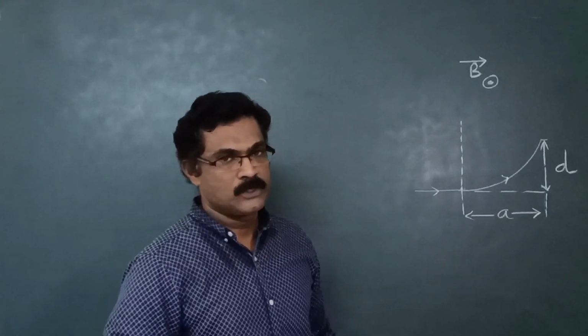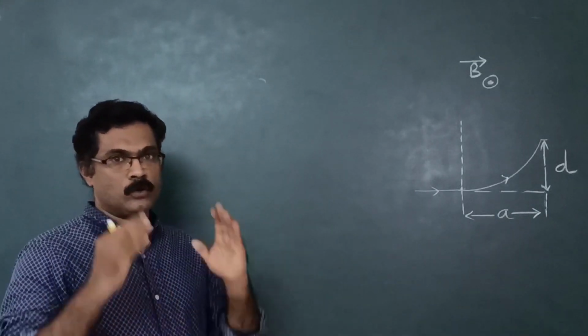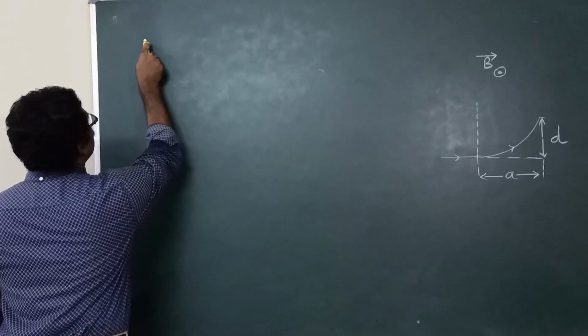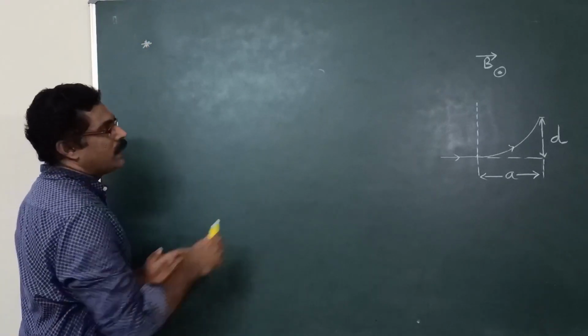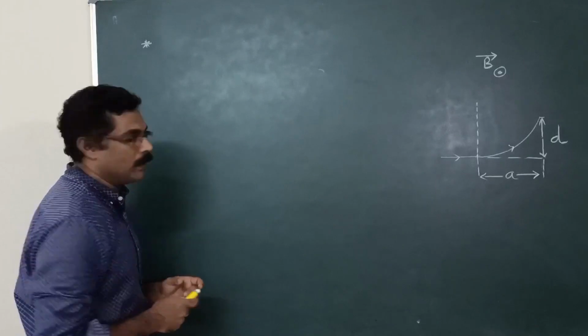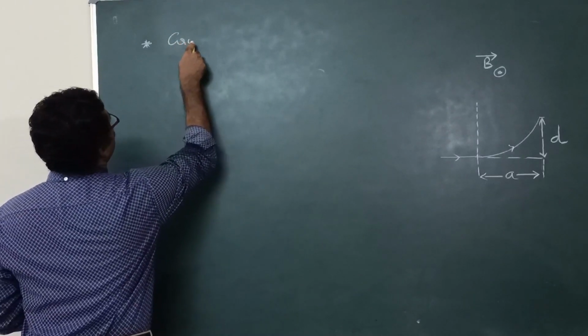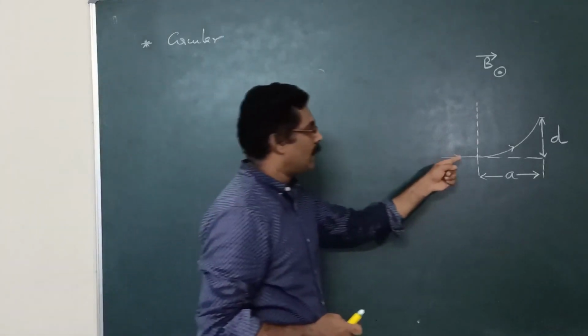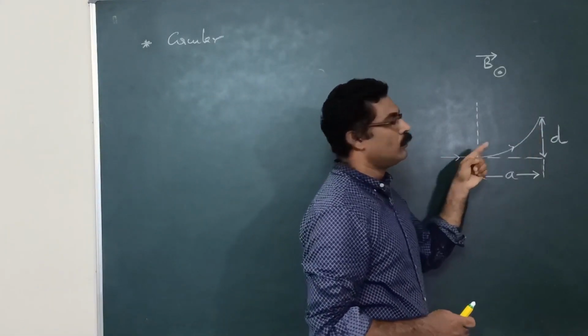That is the question. The main points to remember to solve this question: first, what is the path of a charged particle moving through a perpendicular magnetic field? The path is circular. So we know it will move through a circular path.